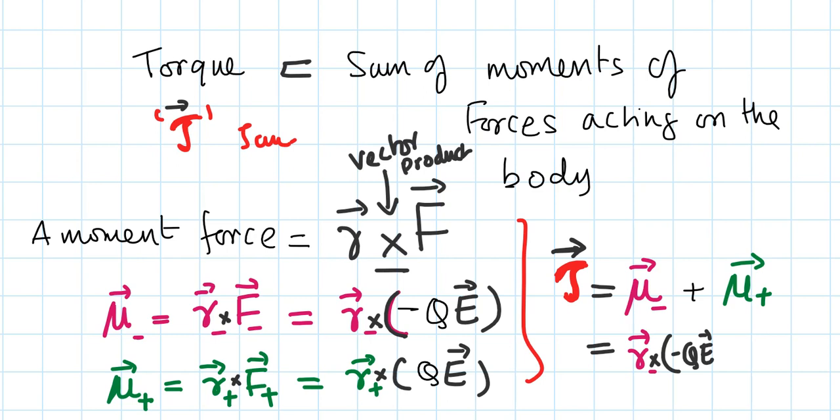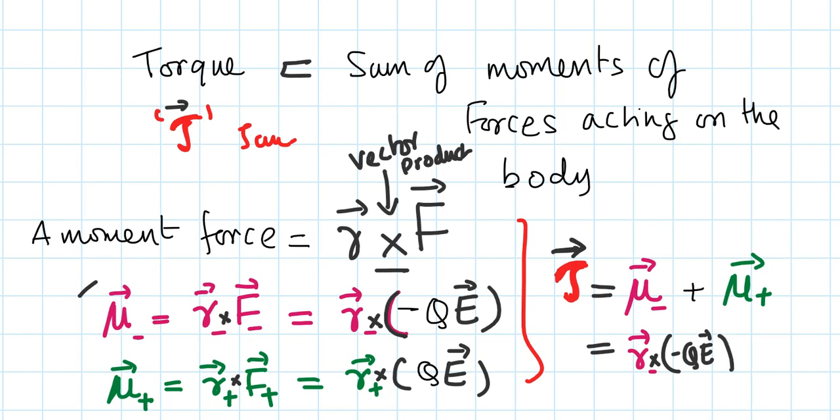You're taking the product between two vectors, and after this operation they yield a vector itself. That's why this was a vector, unlike a dot product, which yields a scalar. But when you multiply two vectors using a cross product, or the vector product, you will end up getting a vector.